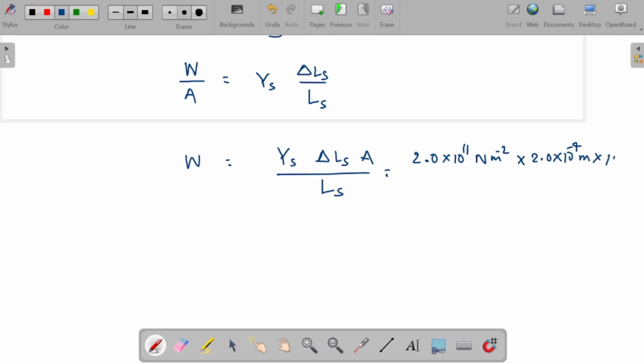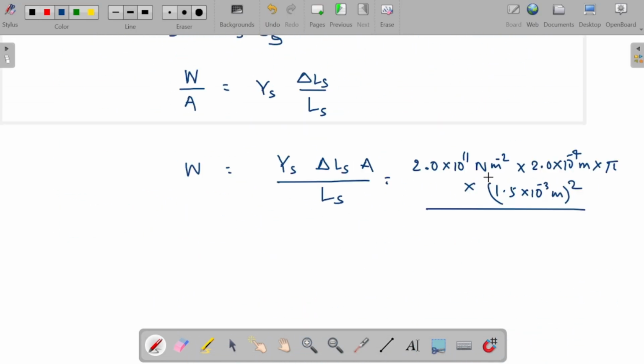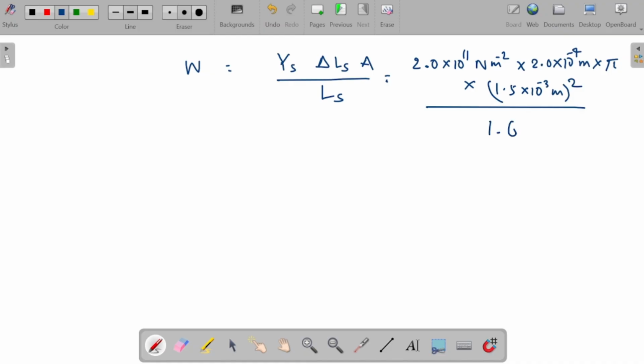So we can write here pi into r square. R will be 1.5 millimeter, or you can write 1.5 into 10 to the power minus 3 meter, and the square of this thing will be the area, divided by length of this steel wire. And what is the length? Length is 1.6 meter. Now you have to solve it for the weight here, and this will be in Newton.